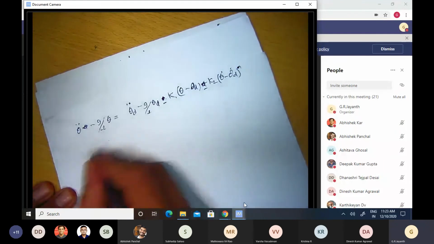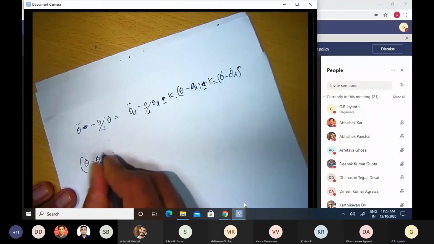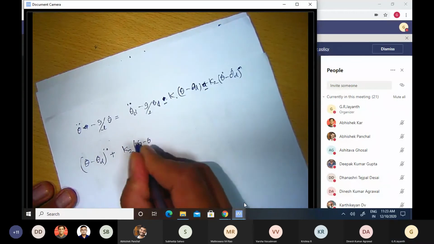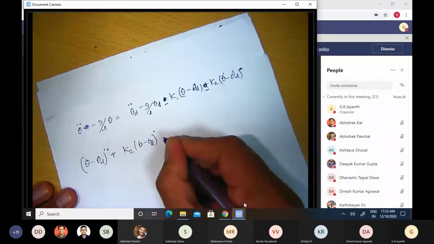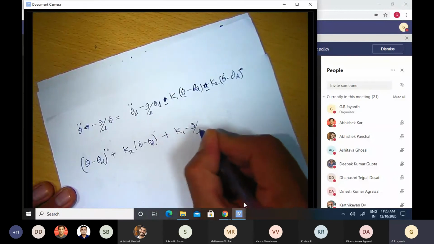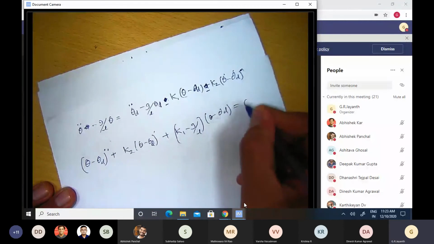So I will then have the error dynamics to be theta minus theta d double dot plus k2 times theta dot minus theta d dot, then plus k1 minus g by L times theta minus theta d is equal to 0.